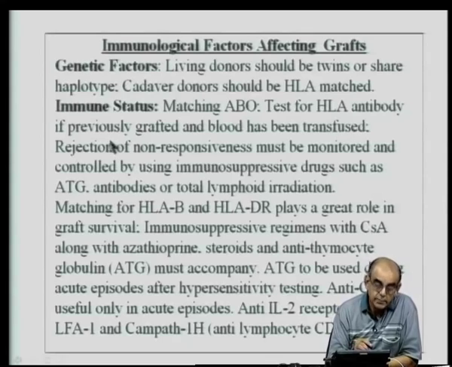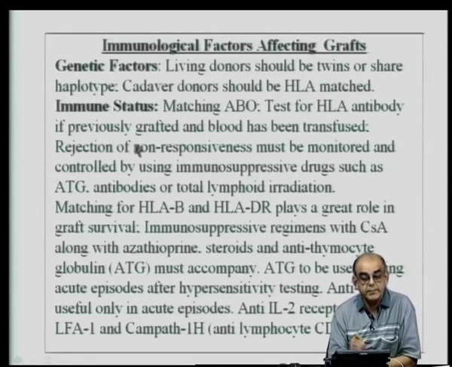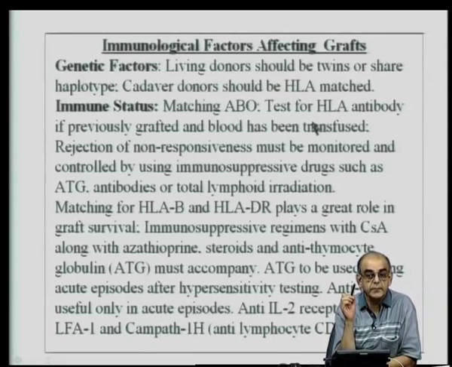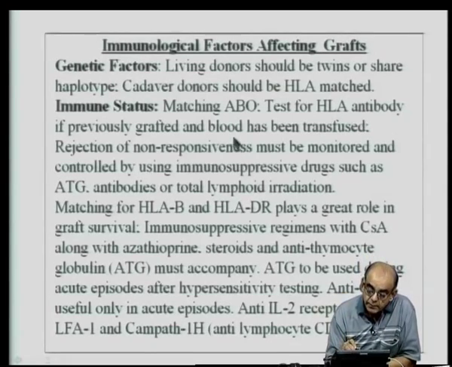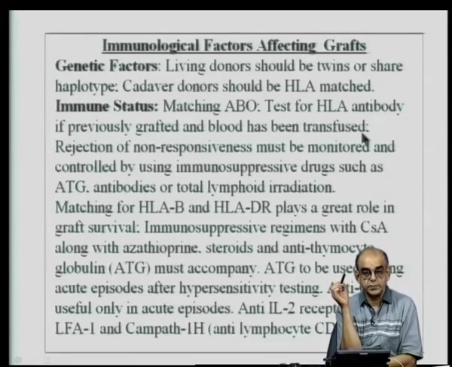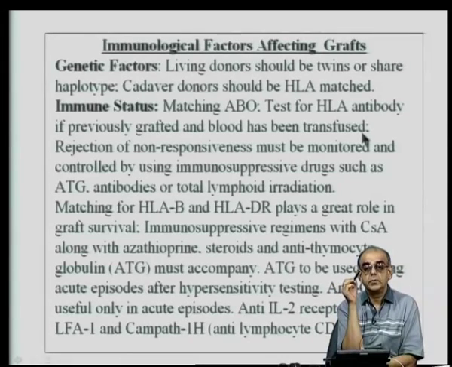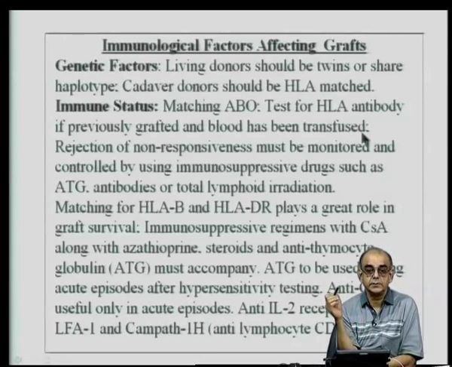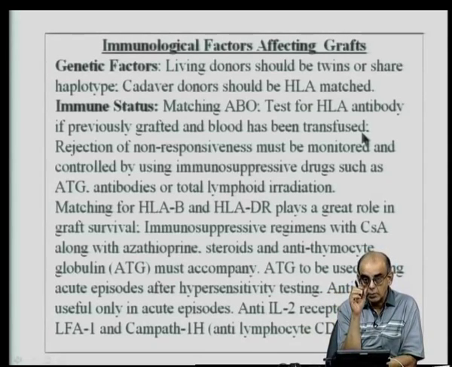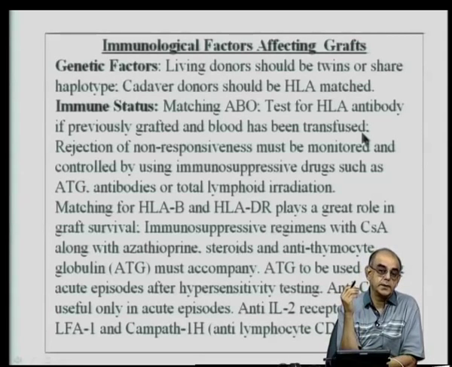Perhaps some of these patients might have been grafted earlier for some reason, and therefore, this becomes very necessary. In addition, people who undergo multiple blood transfusions actually develop antibodies to the small numbers of T cells that have gone in with the blood transfusion.